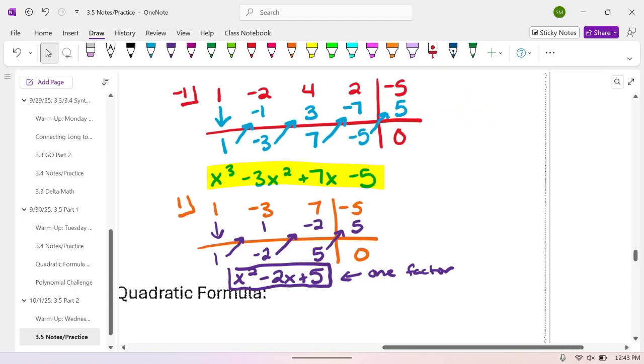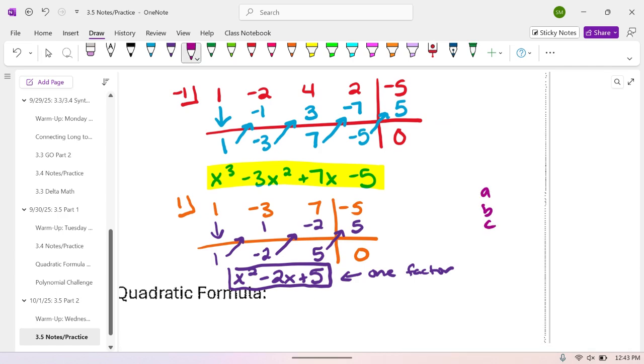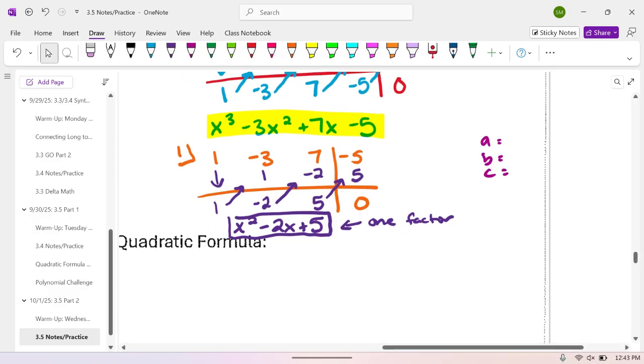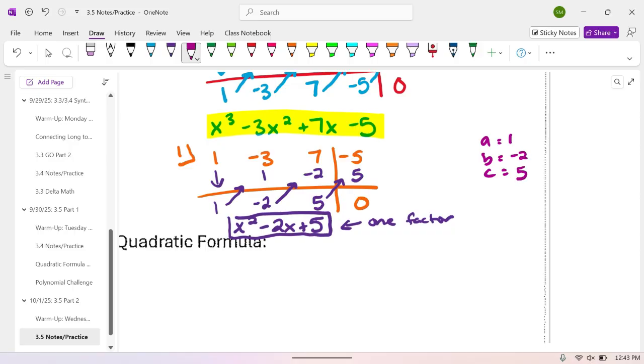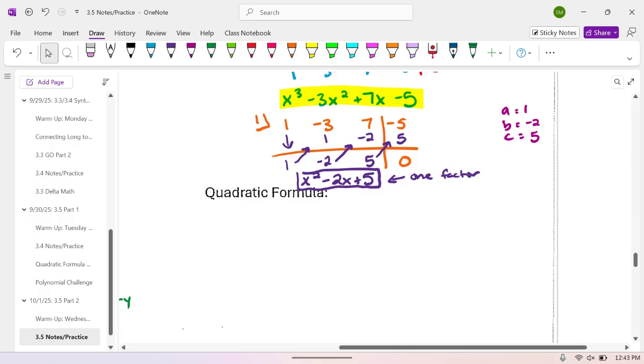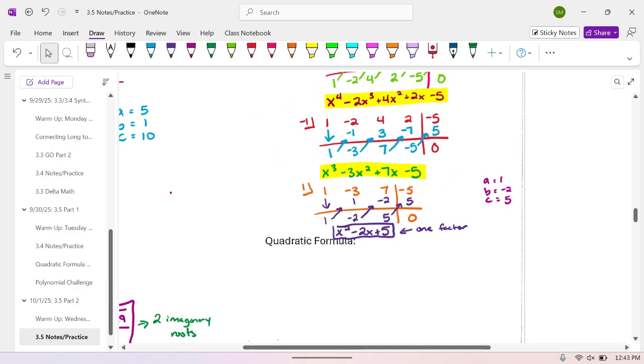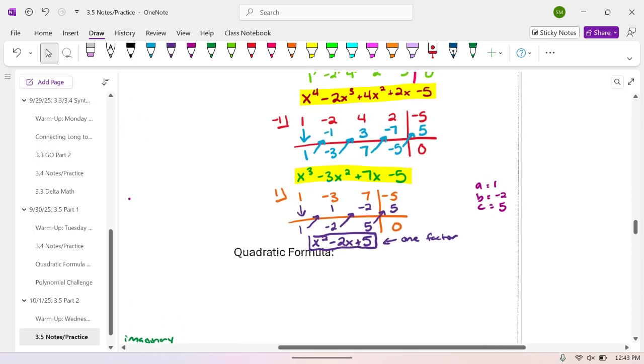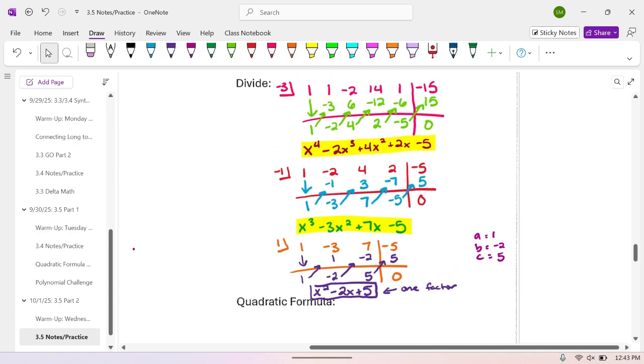So now we're in quadratic formula. Yay, we're almost done. So ABC, what is it, Mackenzie? 5. Good. So I can trust that y'all can put it in the formula correctly, for the most part, so I'm just going to breeze through that part.